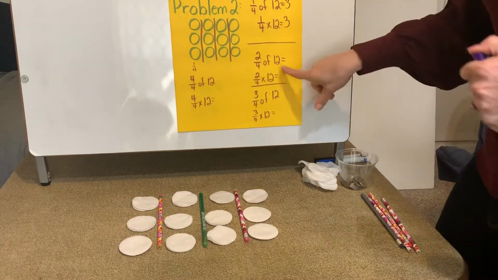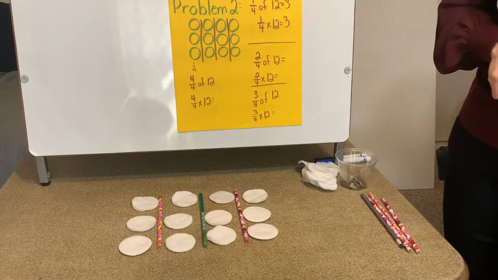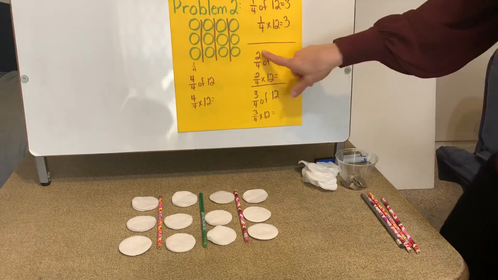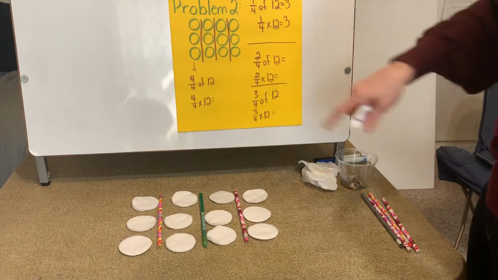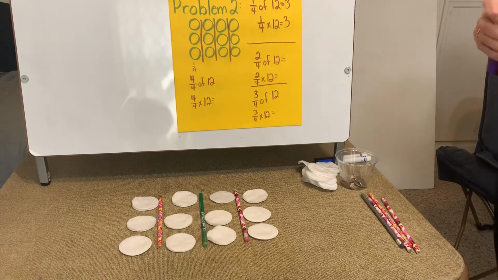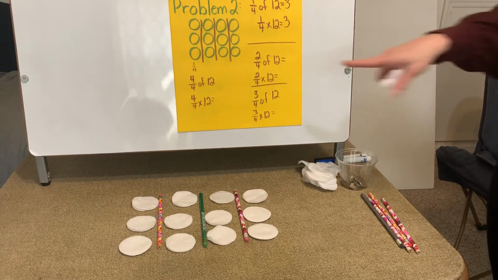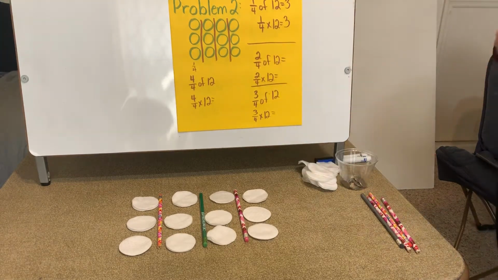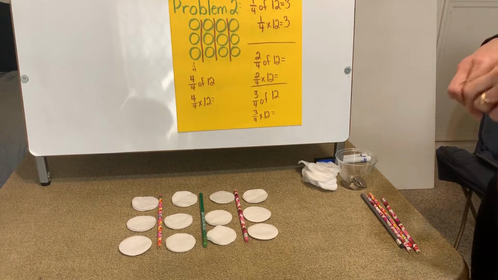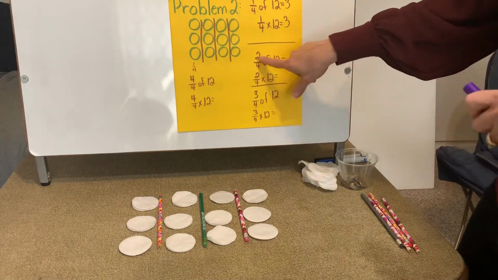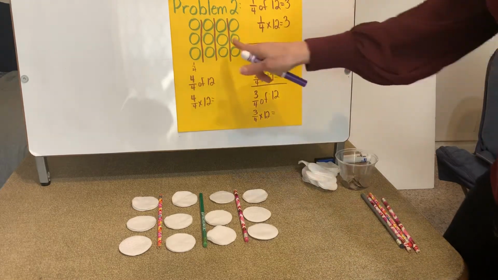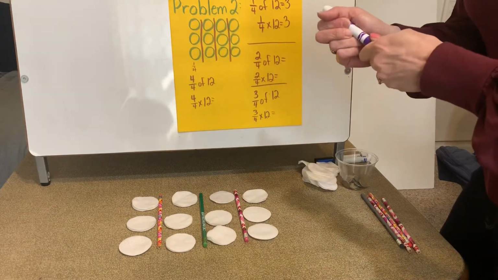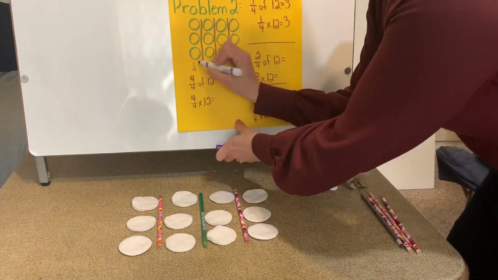All right, so now if I wanted to show 2/4 of 12, well, wait a minute, I know 2/4 is equivalent to something that is very common. This 2/4 is equivalent to half. So 2/4 of 12 is the same thing as saying half of 12. Well, I know what that is, but I want to check with my picture and see if it remains true with what I'm thinking.